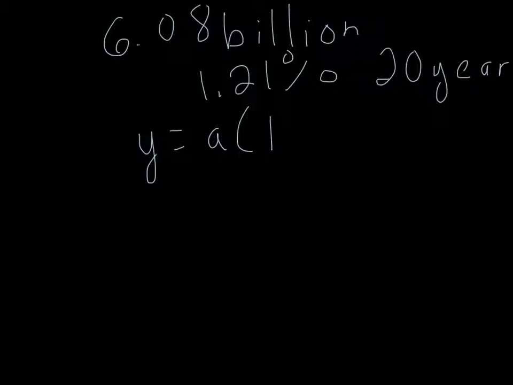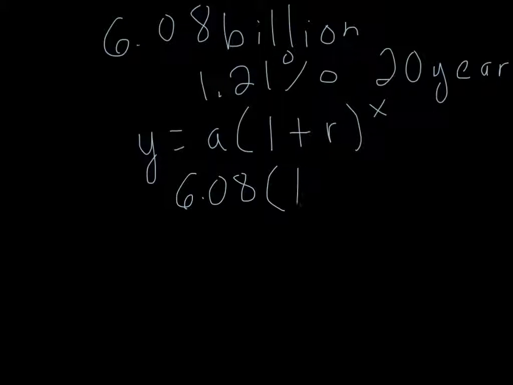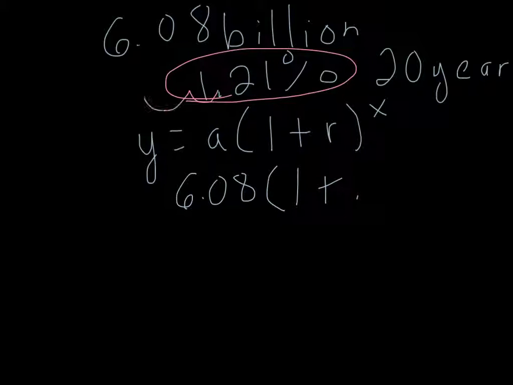In this case, it's an increase, so it's plus. Watch, please. It's 6.08 billion. I'm just going to leave that as 6.08. 1 plus, you have to take your rate, and I've said this a million times, and change it to a decimal. So you move it over twice.